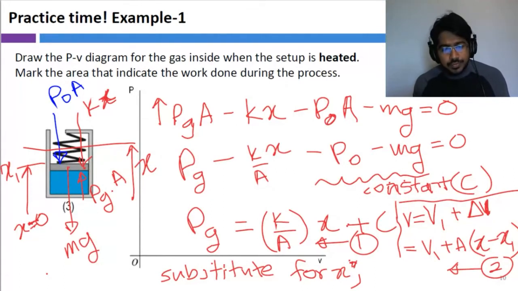But if you can see that the pressure and volume change linearly with each other, then you don't have to do the entire derivation. I will not give marks for derivation, but you have to know what is happening during the process. Are we clear?